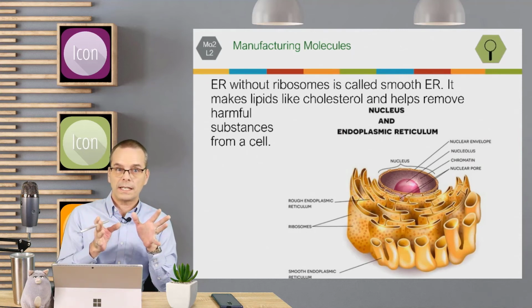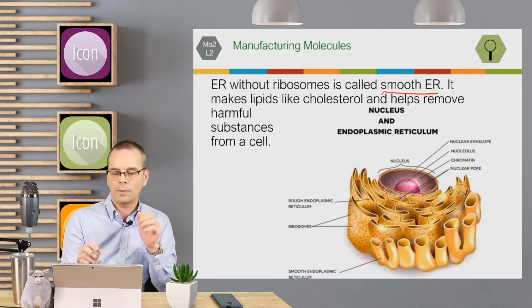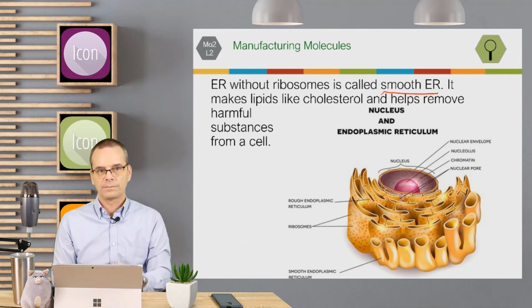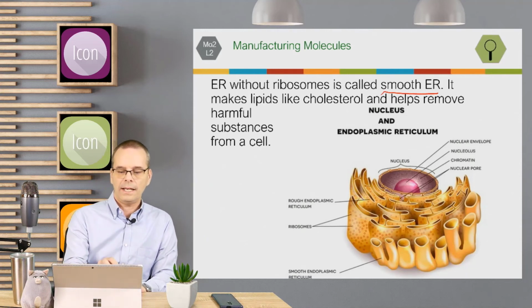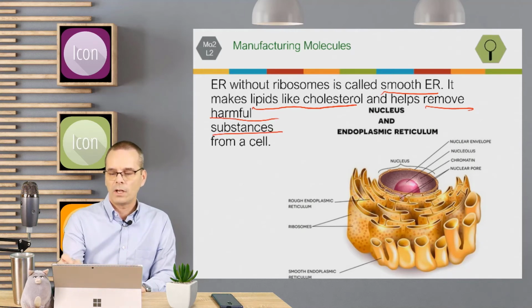Endoplasmic reticulum, or ER, without ribosomes, is called smooth ER. You remember when I mentioned rough ER? So, smooth ER makes lipids like cholesterol. It also cleans out and removes harmful substances.